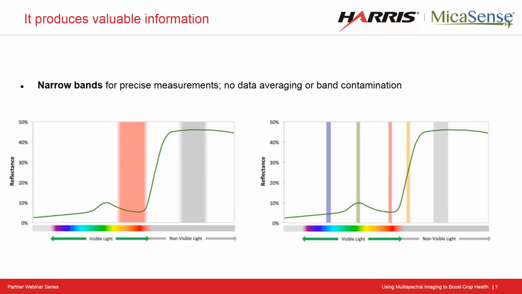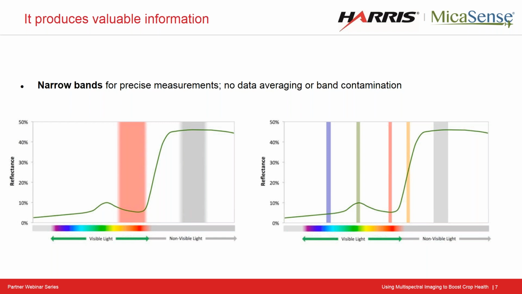Whereas if you're using maybe not a professional grade multispectral camera like the RedEdge, maybe you're using a converted camera that has a modified filter in it, you might be capturing much wider bands. That's illustrated on the left-hand side of the screen, where at red we see a band that's much wider than the 10 nanometer wide band of the RedEdge.